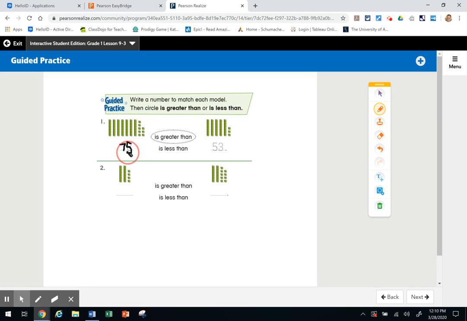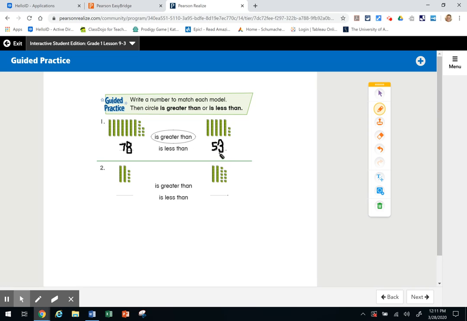And 7 tens and 8 ones makes the number 78. Okay, so then you have to figure out what the next number is. So let's count our tens. 1, 2, 3, 4, 5. 5 groups of 10 and 1, 2, 3 ones makes the number 53.